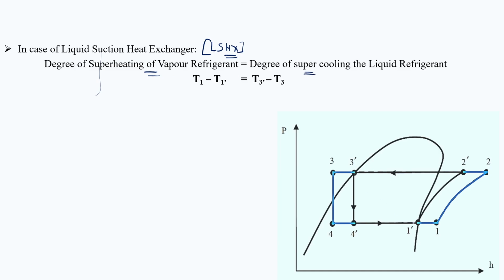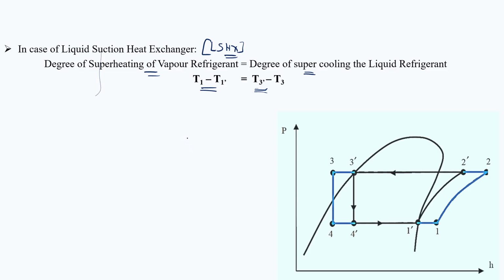That is, the degree of superheating, 1 dash to 1, will be the same as 3 dash to 3, or T1 minus T1 dash will be the same as T3 dash minus T3, if a special heat exchanger like a liquid suction heat exchanger is being used for our VCRS.